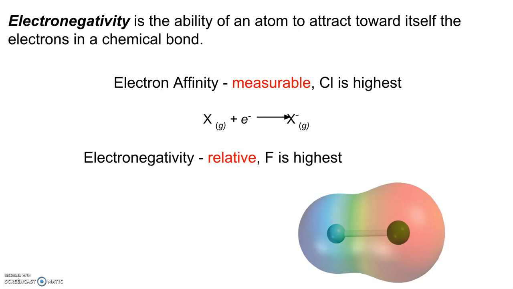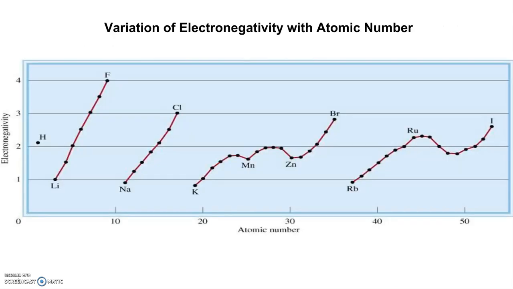And we know that fluorine has the highest electronegativity value of 4.0. Chlorine has a 3.0. Let's look at this chart. I'll demonstrate. As you look at the atomic numbers and go across the periodic table, hydrogen has electronegativity of 2. Look at fluorine, it has electronegativity of 4. Chlorine has 3.